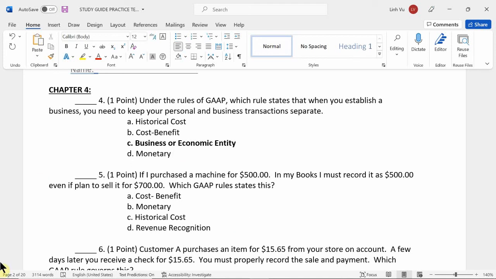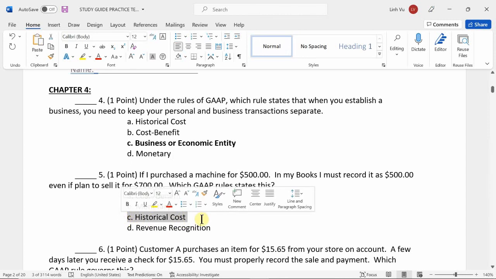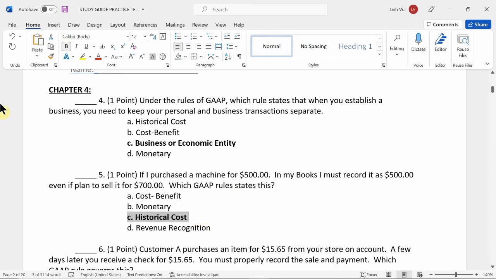Historical cost. Yes, historical cost. Even if you plan to sell it or get rid of your asset, you have to record it at historical cost, and you only recognize the gain or loss when you dispose of the asset. So yes, historical cost is correct.